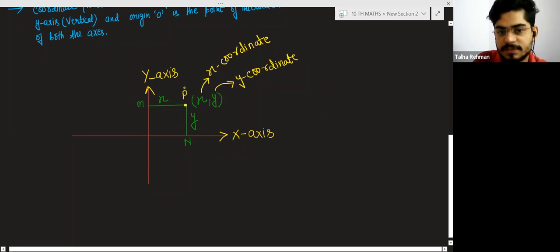X coordinate is the distance between the point P and y-axis. You can see here.